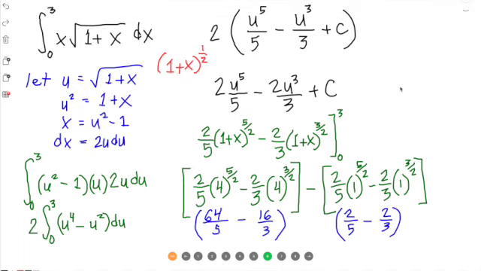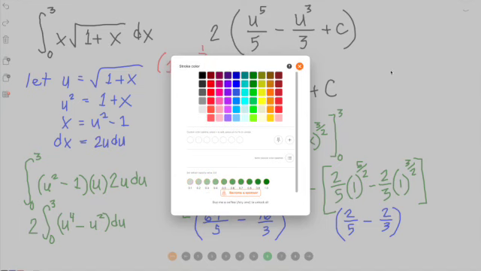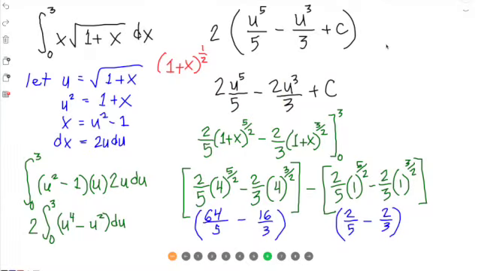Okay, so the answer is 116 over 15. So this is our answer. This is the exact value of this definite integral.